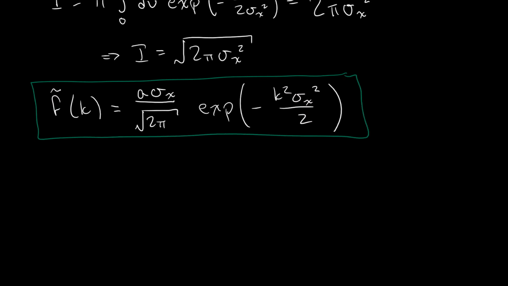It's some constant, whatever, I don't care about that, times the exponential of minus, all of this stuff is constant, the sigma x and the 2 is a constant, but k squared. So a Fourier transform of a Gaussian is a Gaussian.